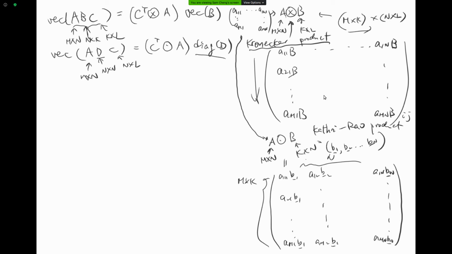So instead of using this index starting from 1 up to n and 1 up to m, something like that.